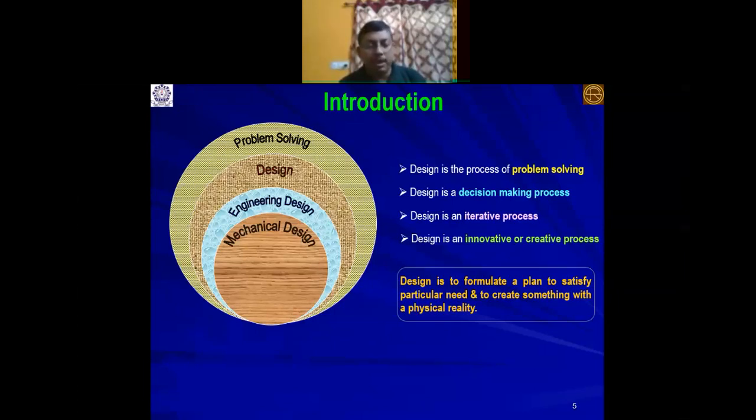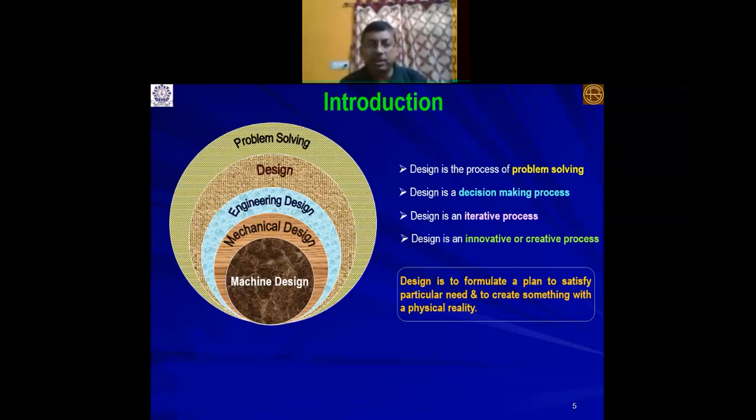Now we would like to define design in respect of mechanical engineering. In mechanical engineering design, there is one subset called machine design. Mechanical engineering design is the broad area, out of which one subset is machine design, which is used in a BTech level course.